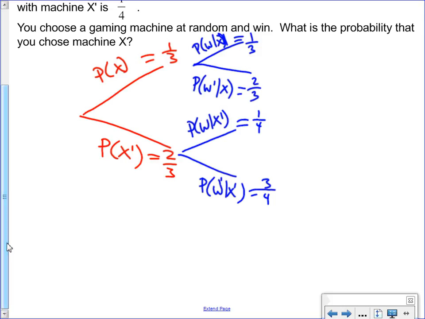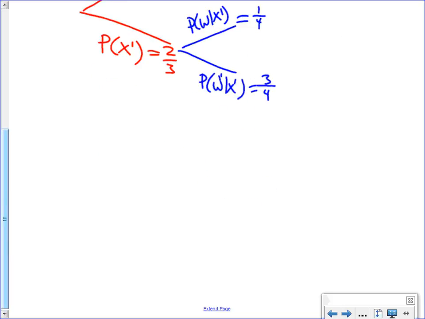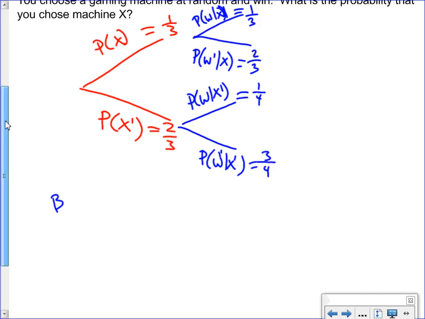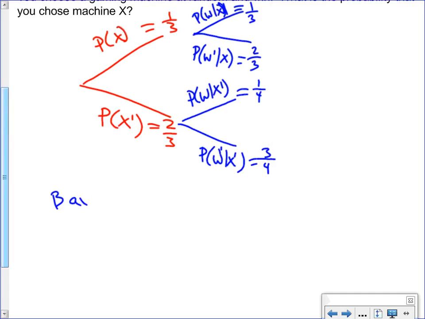Good old Bayes theorem. Let me keep that up there. B-A-Y-E-S, Bayes. His name was Mr. Bayes.